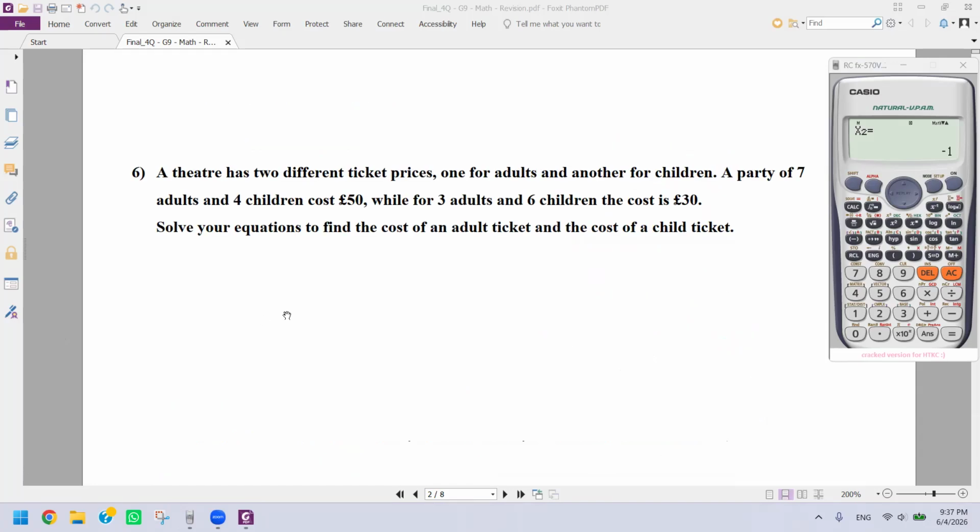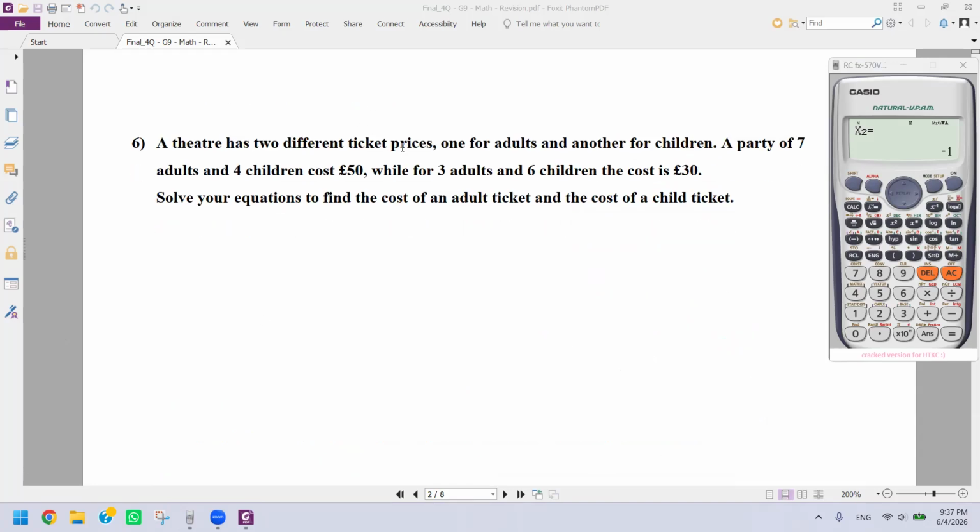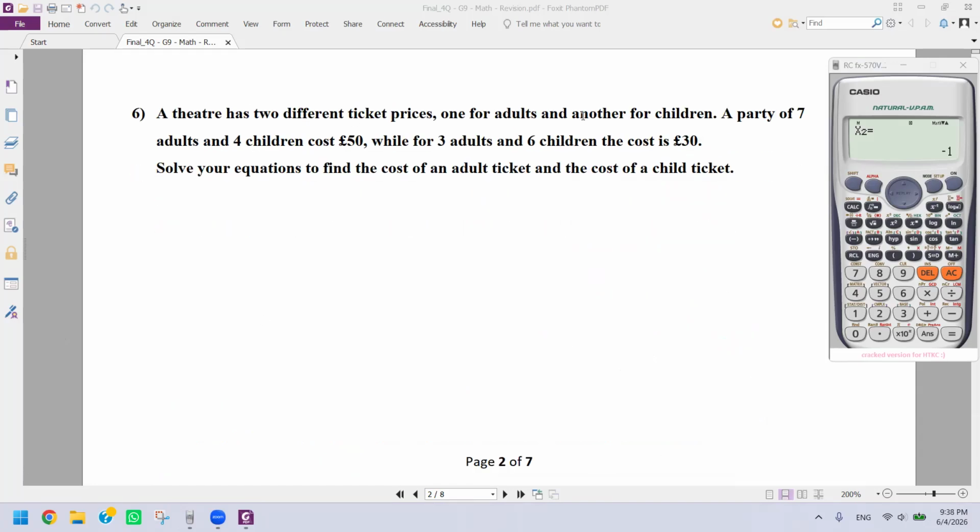Next. A theater has two different ticket prices. One for adults, let me name it A, and another for children, let me name it C. A party of 7 adults and 4 children cost 50.